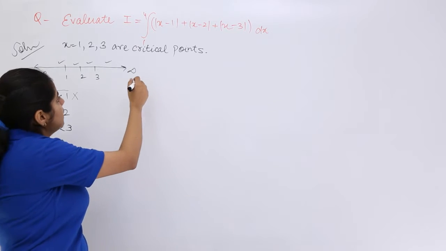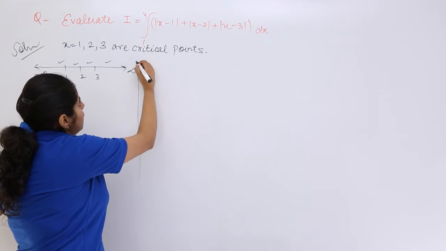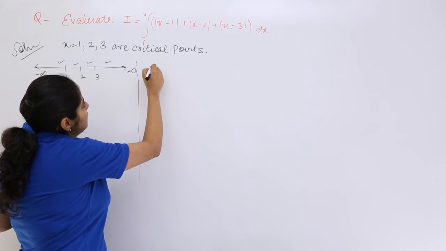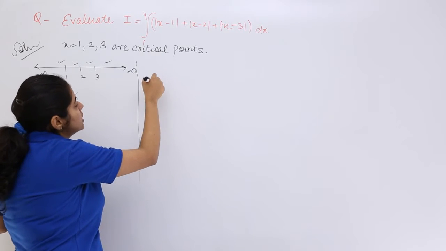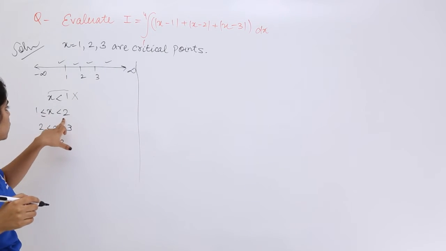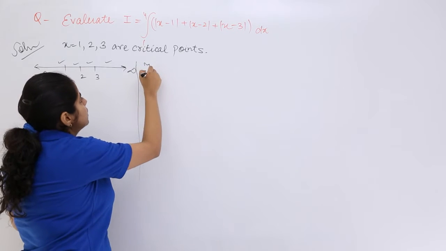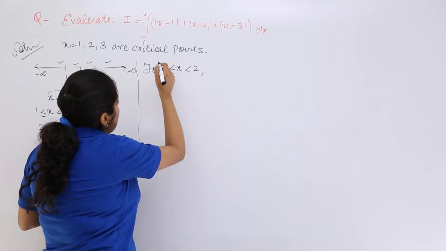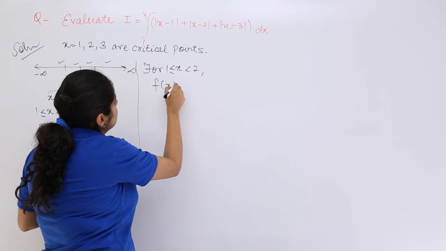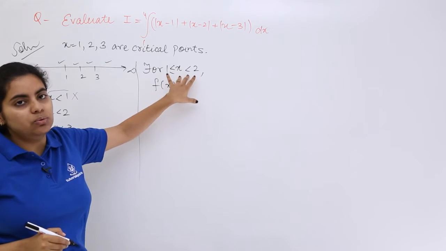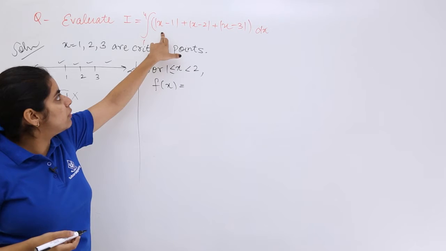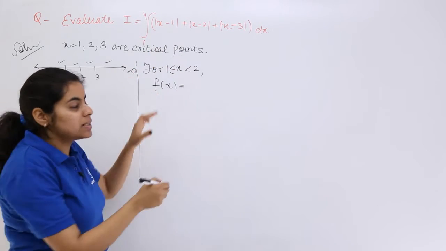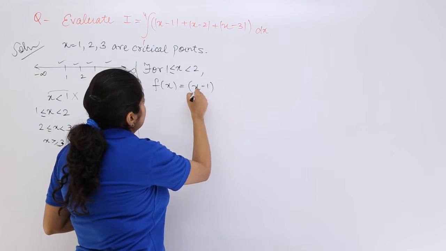Now see, what does my question find a change in? I know that there would be certain branches. When x belongs to 1 to 2, I have my function as what? Say any value, say 1.5. When you put 1.5, x minus 1 is positive, so this is x minus 1.